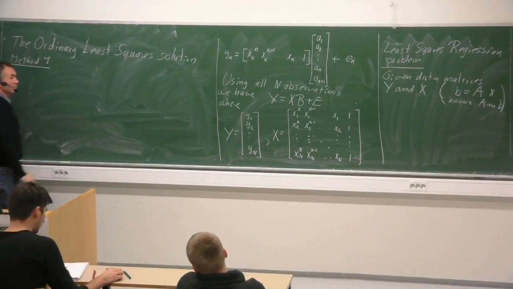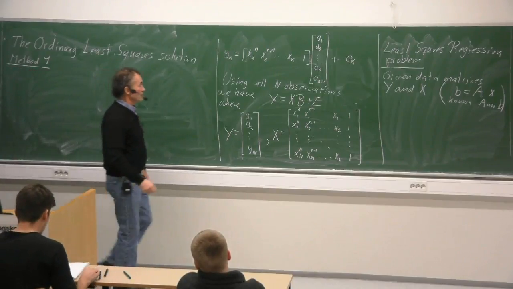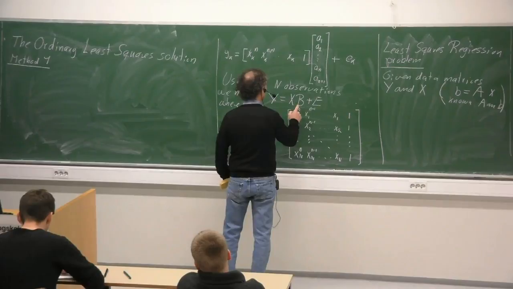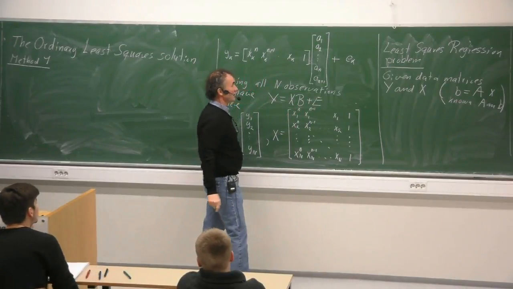This method 1 is the more mathematically correct way of deriving. Assume that the problem is, given y and X, find b.